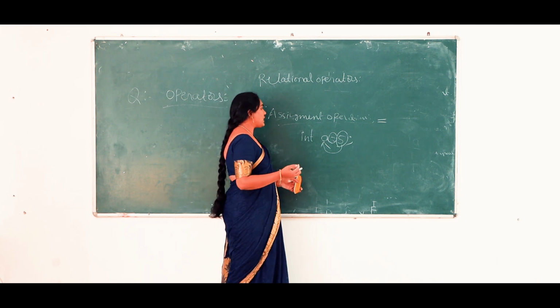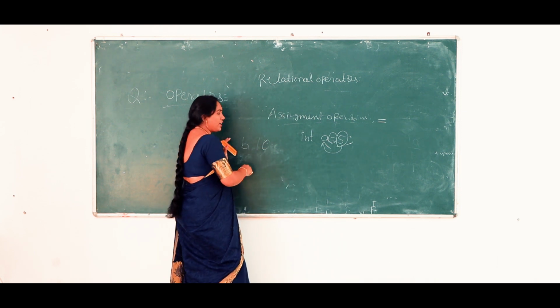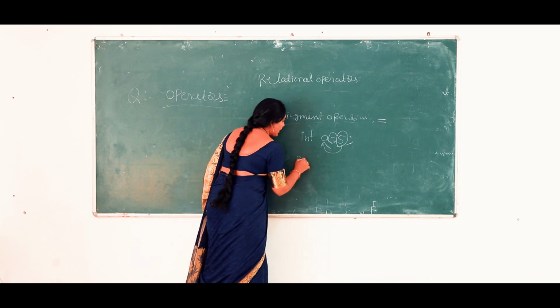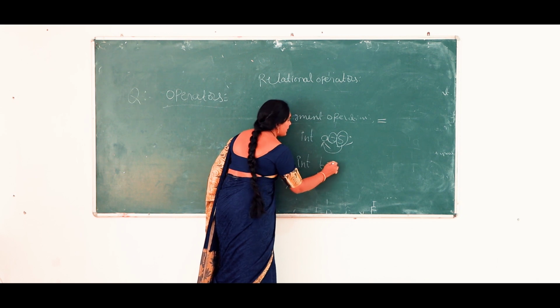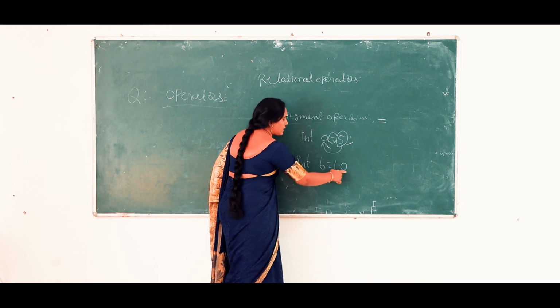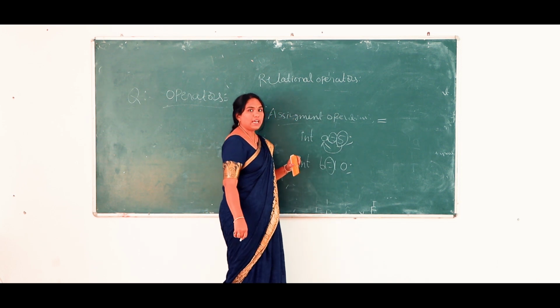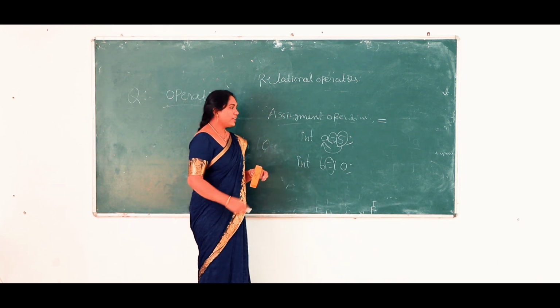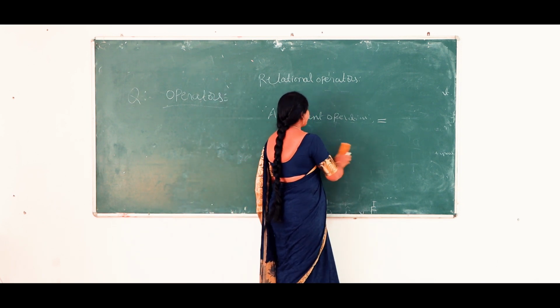For example, you want to assign the value 10 into B. You can give any data type. I am giving the integer data type, and then B is equal to 10. What is the assignment operator in this statement? This equal symbol is called the assignment operator. Okay. Next one, bitwise operator.